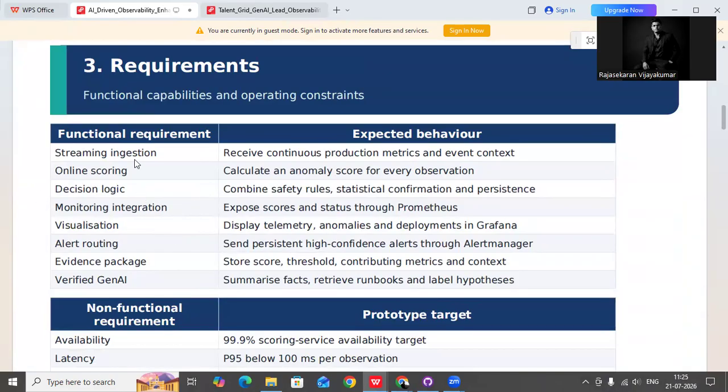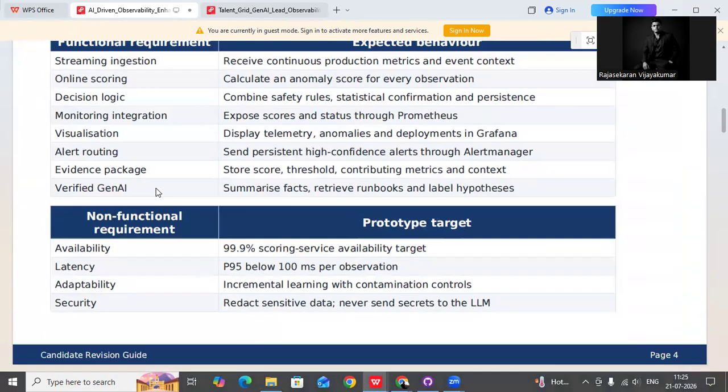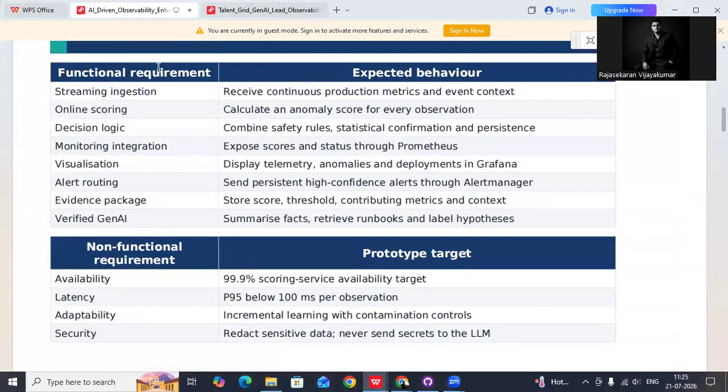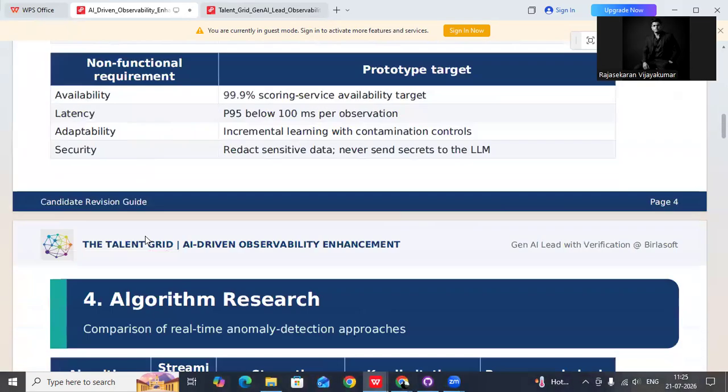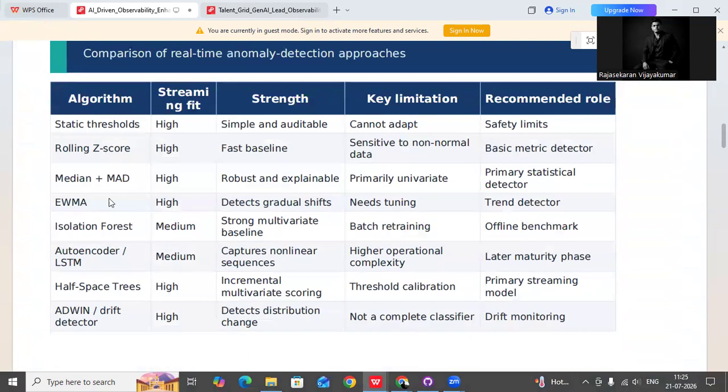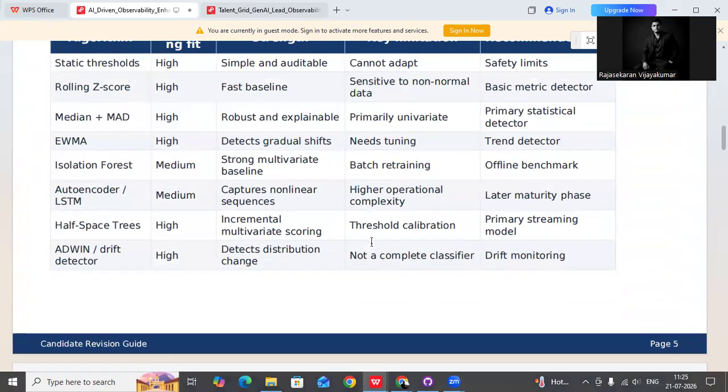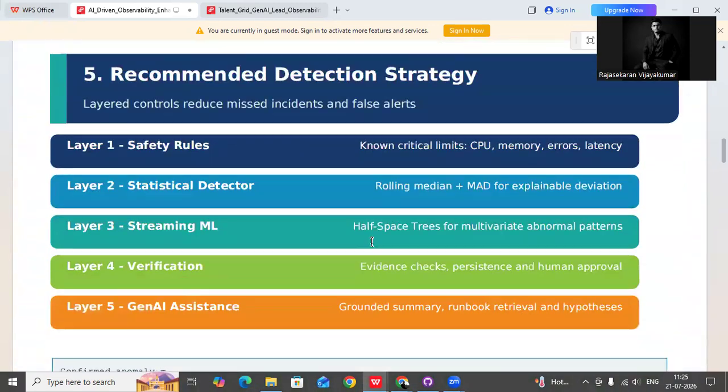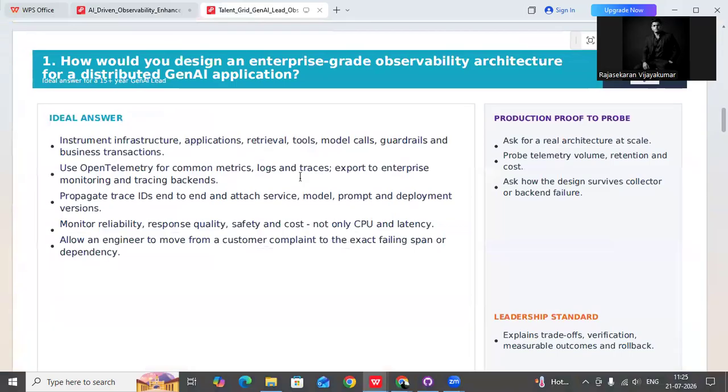Then there are the detailed requirements of what was expected: the functional requirements, the non-functional requirements, and what algorithms were taken into consideration. Once you go through that, you'll have a clear understanding. My questions would be around this context today.